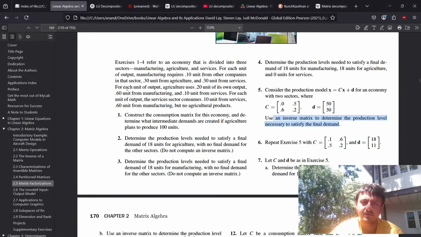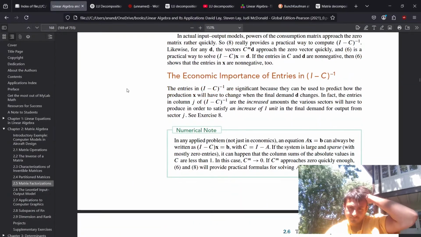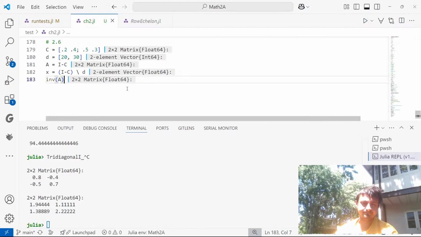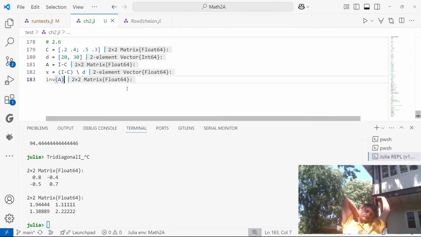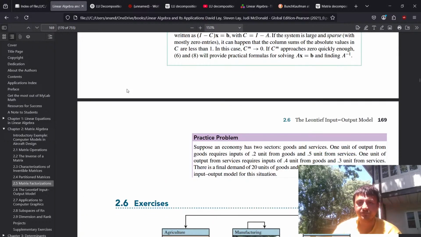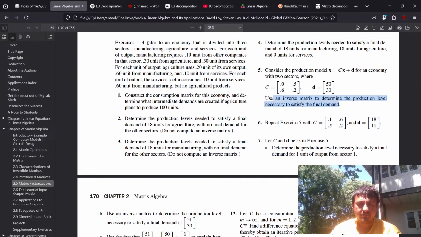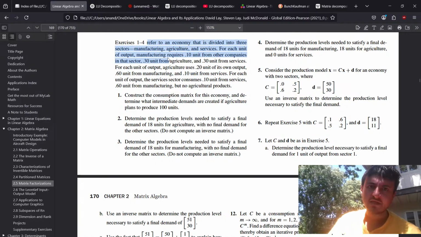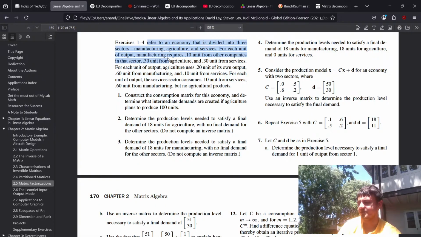What did they say the inverse represents? Okay, let's just start doing problems. We're doing an economy that's divided into three sectors, M, A, and S. For each unit of output, manufacturing... Okay, so let's just set up this matrix.